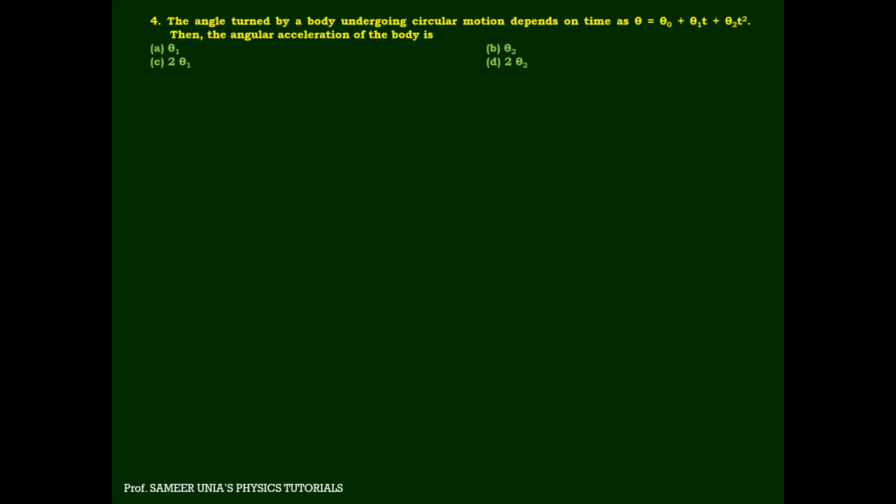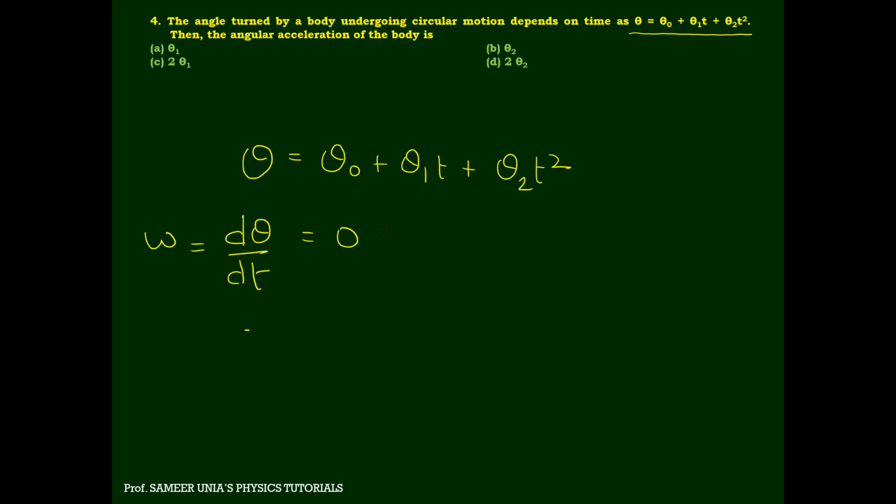थीटा दिया हुआ है, आपको अल्फा पूछा है, कैसे निकालेंगे? सबसे पहले double derivative. थीटा इज गिवन एज थीटा नॉट प्लस थीटा 1 टी प्लस थीटा 2 इनटू टी स्क्वायर. इसका एक बार डेरिवेटिव लेंगे तो डी थीटा बाई डी टी, दैट विल बिकम ओमेगा, विल बिकम 0 प्लस थीटा 1 प्लस 2 थीटा 2 टी. फिर और एक बार डेरिवेटिव लेना पड़ेगा, दैट इज अल्फा विल बिकम डी ओमेगा बाई डी टी.